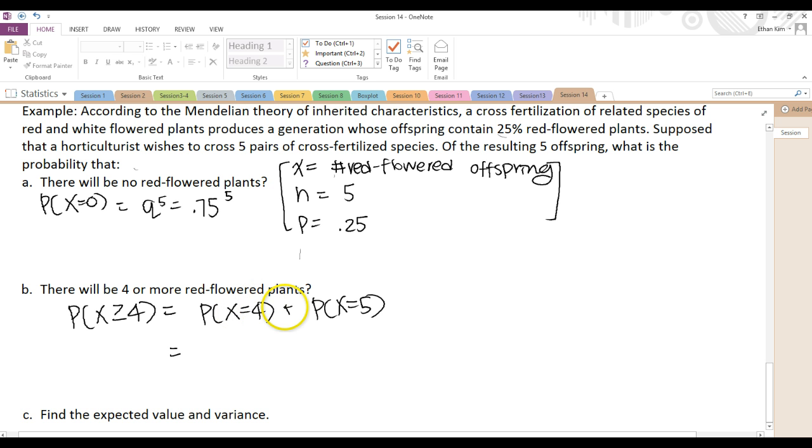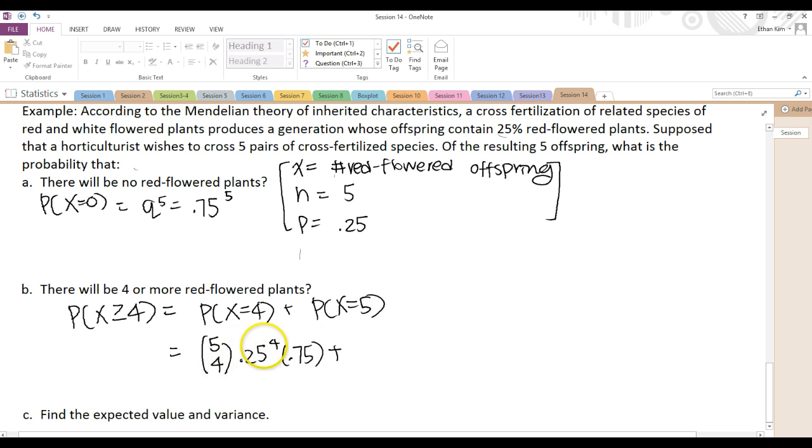Since there are 5 cases, out of 5 we're choosing 4 of them to be success. And success is 0.25 to the 4th power. We need 4 of them to succeed, and the rest is 1, right?